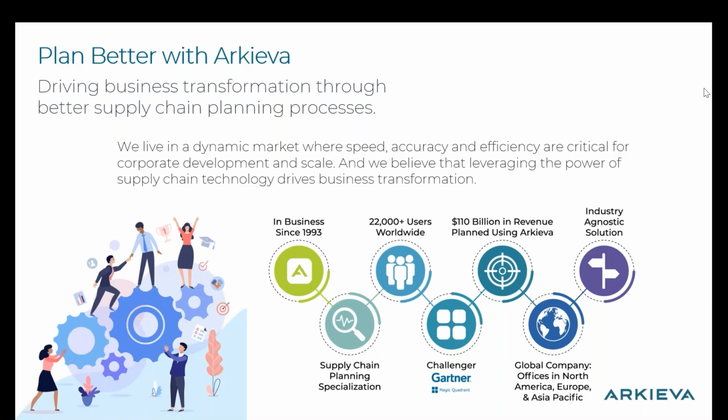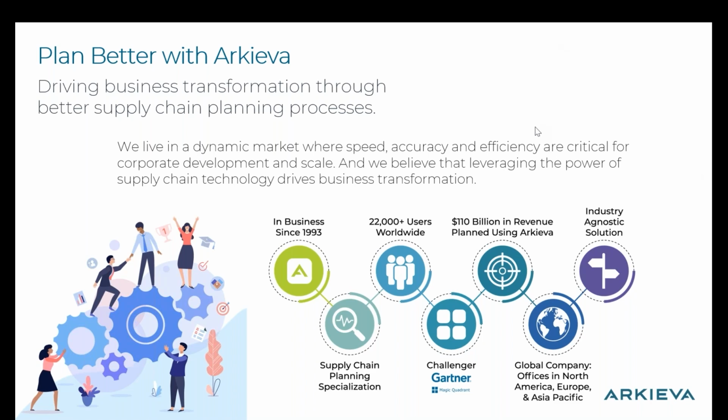Before I hand it over to Sujit, I'd like to share a little bit about Arqiva. For more than 30 years, Arqiva has helped global enterprises drive business transformation through improved supply chain processes. Recognized by Gartner in the Gartner Supply Chain Planning Solutions Magic Quadrant, everything we do is aimed at solving complex planning challenges and creating cutting-edge technology that enables you to run your business at peak performance. We continually challenge ourselves to create solutions that not only solve today's challenges, but future challenges as well.